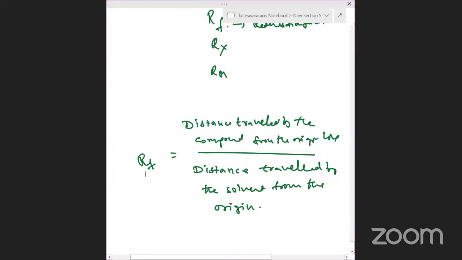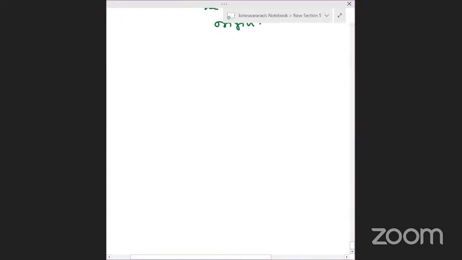Then, how can this be calculated? I will show it. Suppose this is the paper chromatography. This is the paper which is used as a support for the immobile stationary phase, which is coated with water. This is the origin line, where we are loading the compounds.